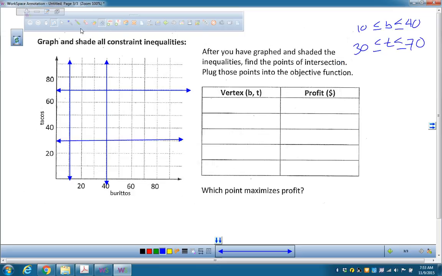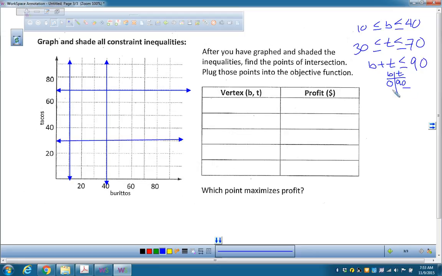And the final constraint that I'm going to graph is that B plus T is less than or equal to 90. So in order to graph this one, I'm just going to make B 0. When B is 0, what's T? 90.